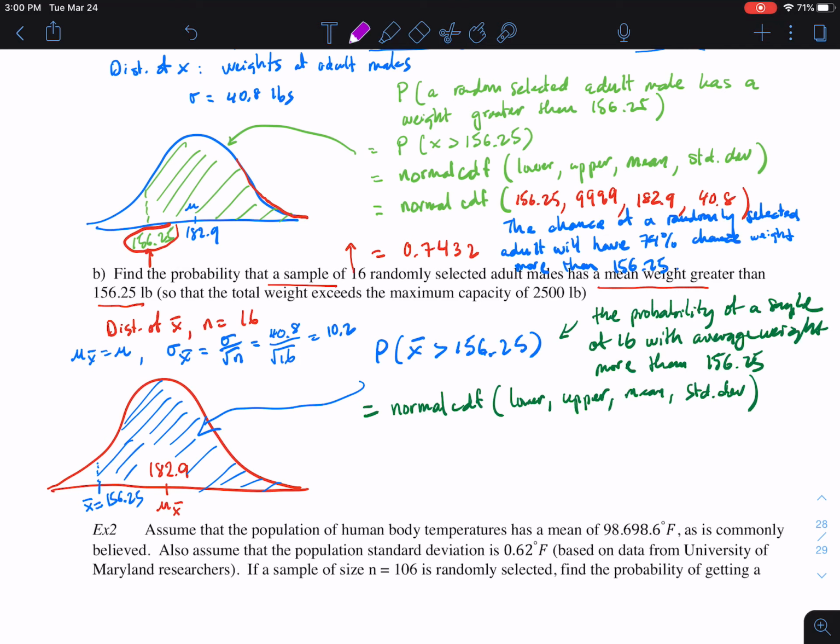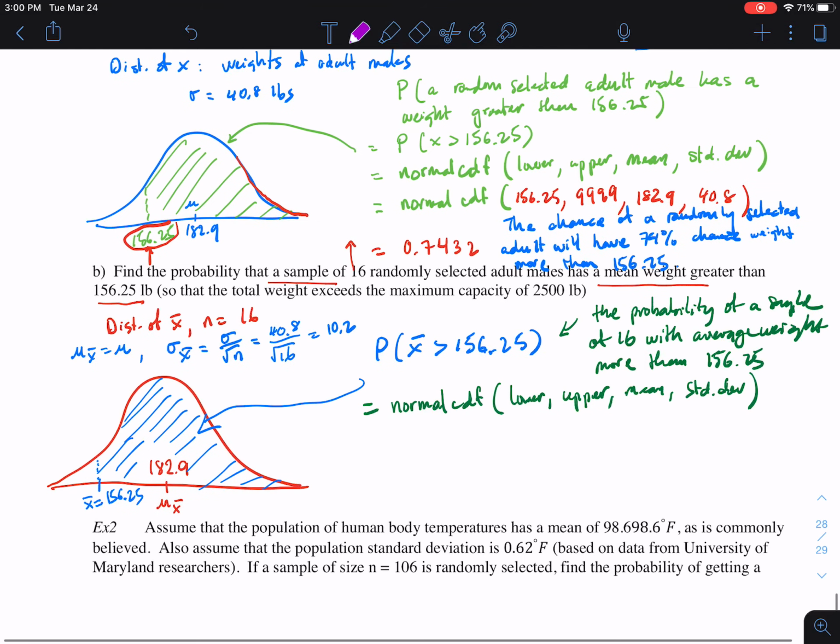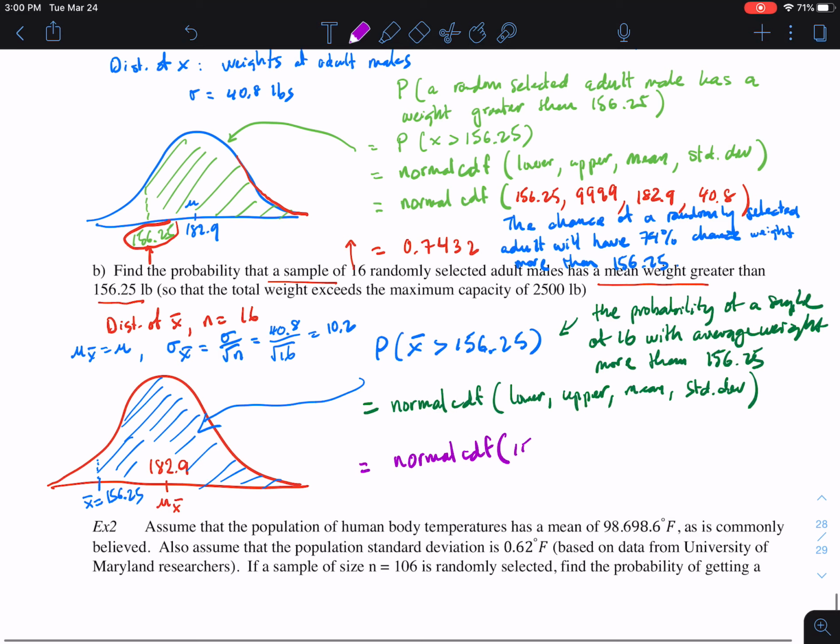In this case, since we're trying to find the area or the probability for a sample group of 16 to exceed a certain value, we are working with the distribution of X bar. So when we do this command, the lower is still 156.25. The upper is still going to be 9,999, because again, we don't know where that's going to hit the horizontal x-axis.